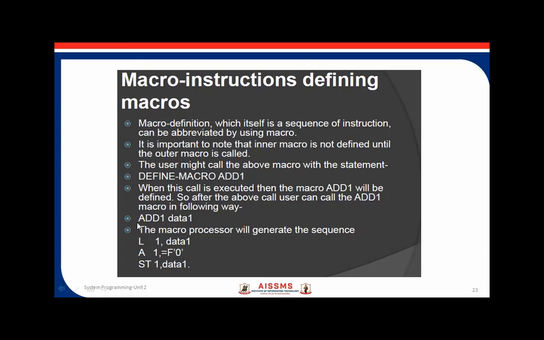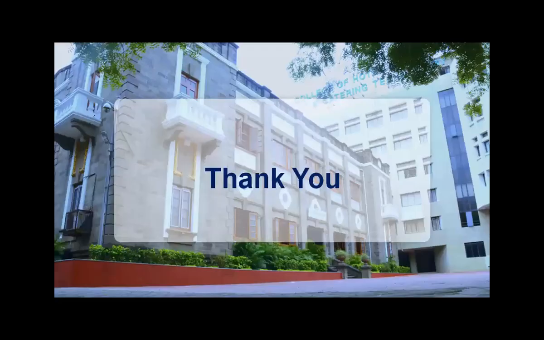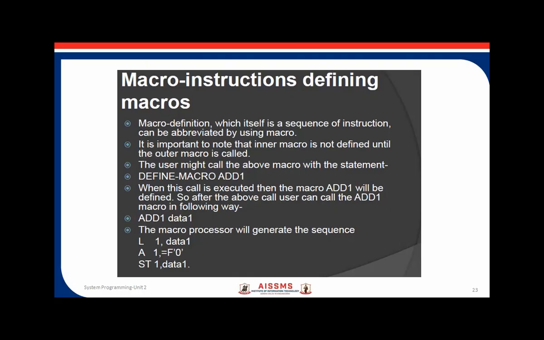I hope the nested macro concept is now understood, dear friends, and you have also understood conditional macro expansion. With this, we understand what a macro is, what a macro call is, and the different methods of macro expansion.